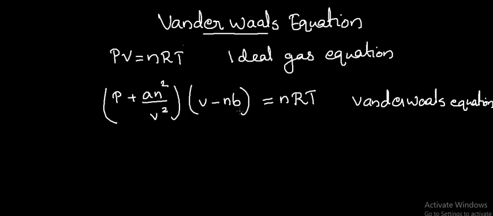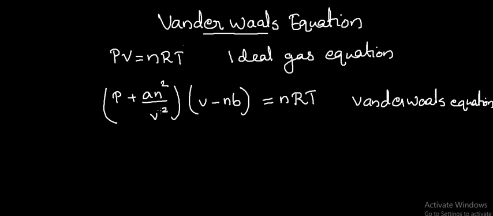Volume correction is related to the volume of the molecules, and pressure correction is related to the intermolecular force of attraction. This equation is known as the Van der Waals equation: (P + an²/V²)(V − nb) = nRT, where a and b are Van der Waals constants, and n is the number of moles of a gas.